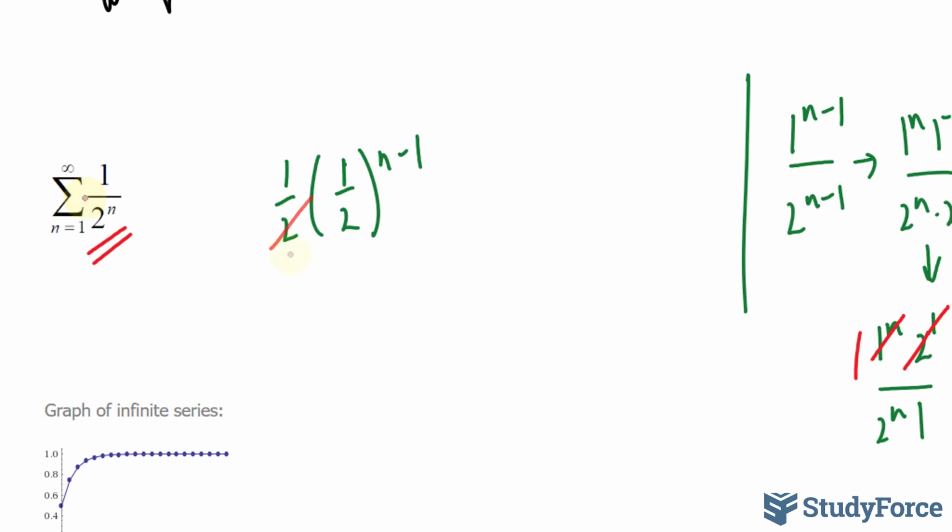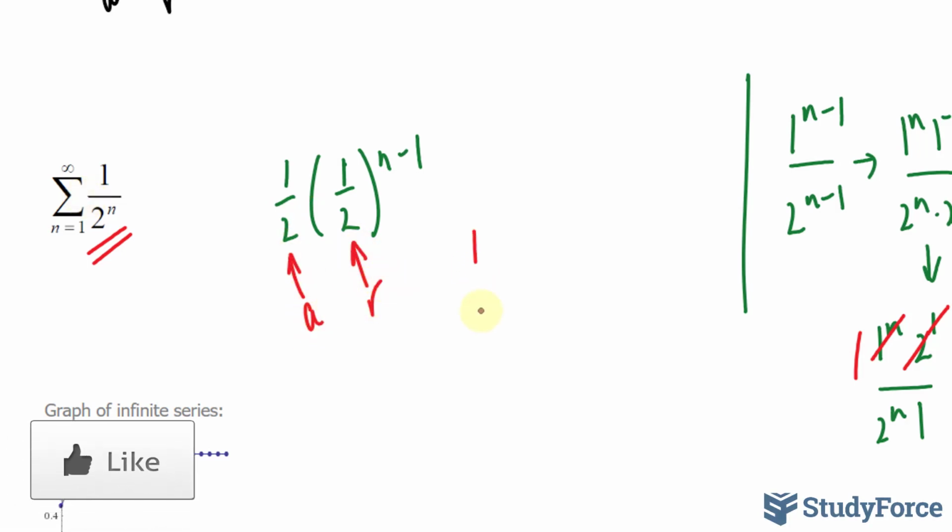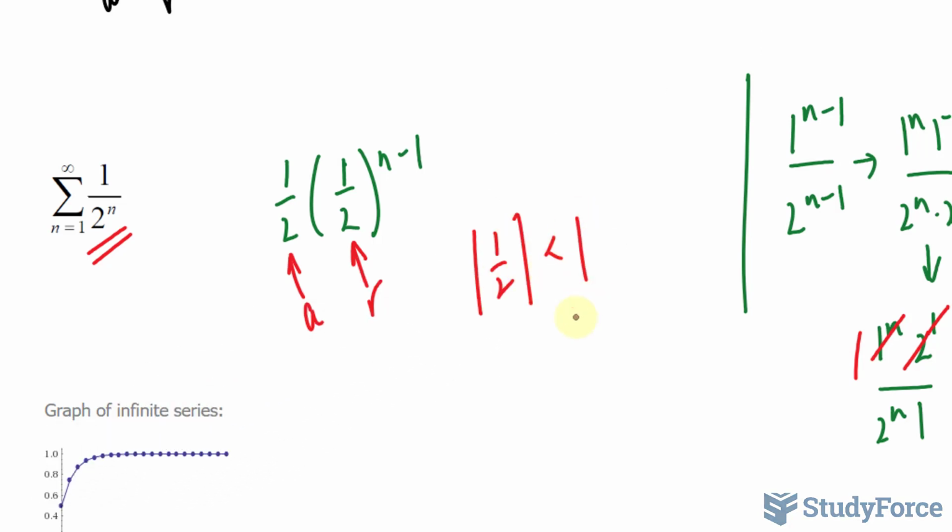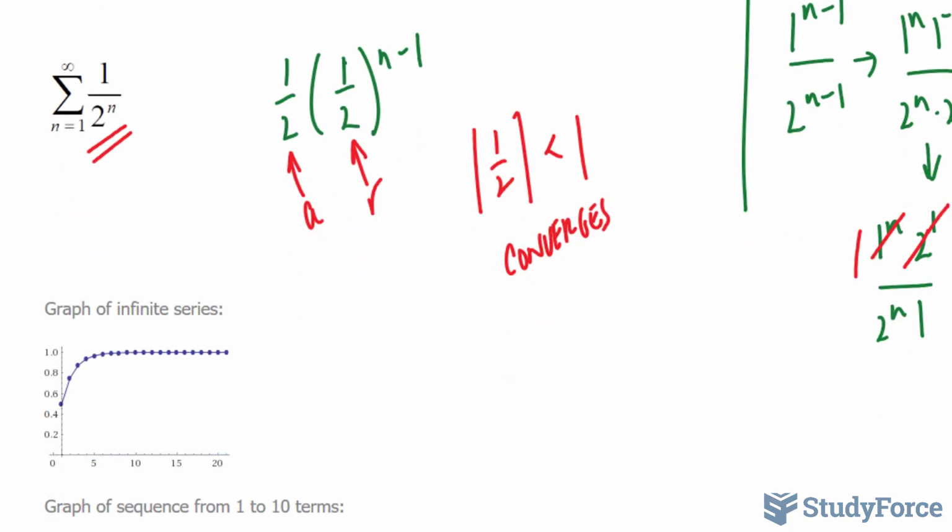That being said, here's our a value, this is our r value. The absolute value of 1 over 2 is less than 1, and since the absolute value of r is less than 1, this converges. And if we would like to find the sum, we would use the formula a over 1 minus r, which comes from here.